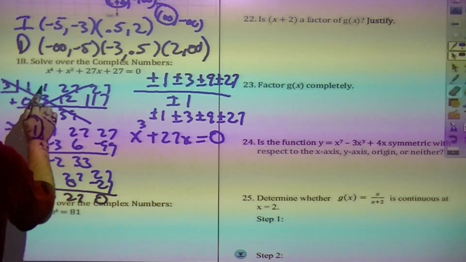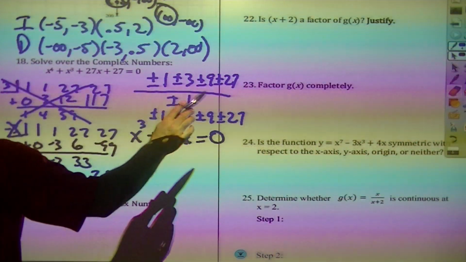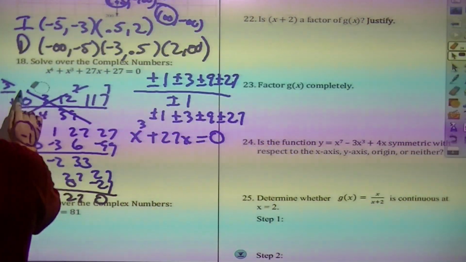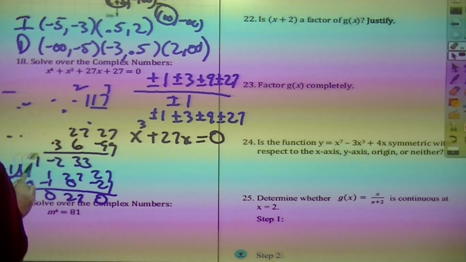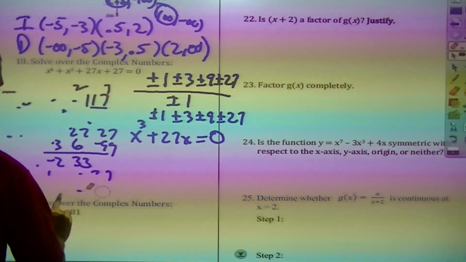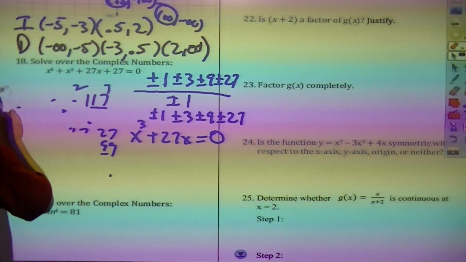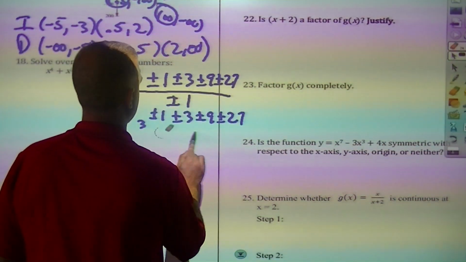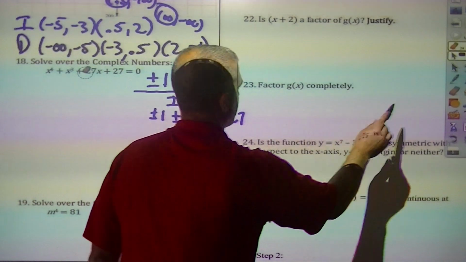Go back, I made a mistake here. I left off a term in the synthetic. So if you're doing this, I apologize, I left off a term in the synthetic.